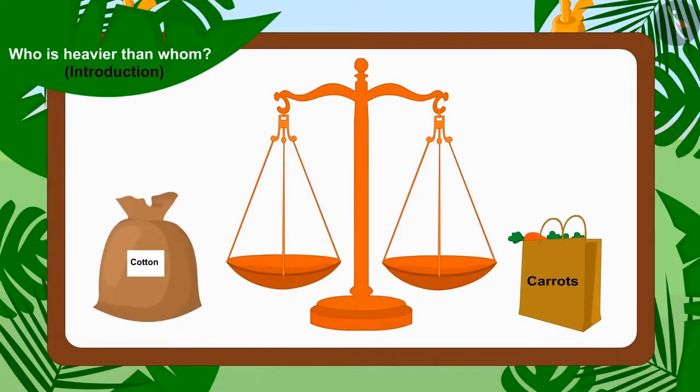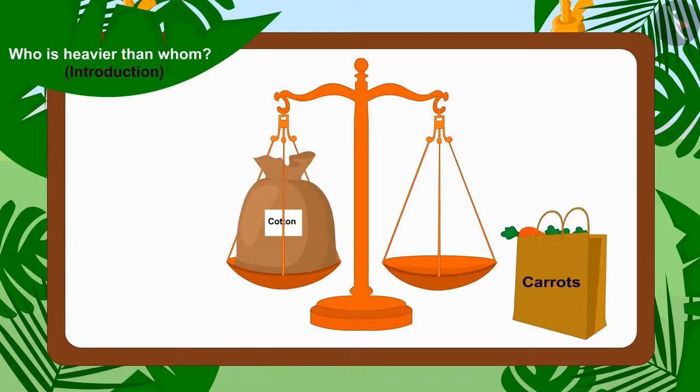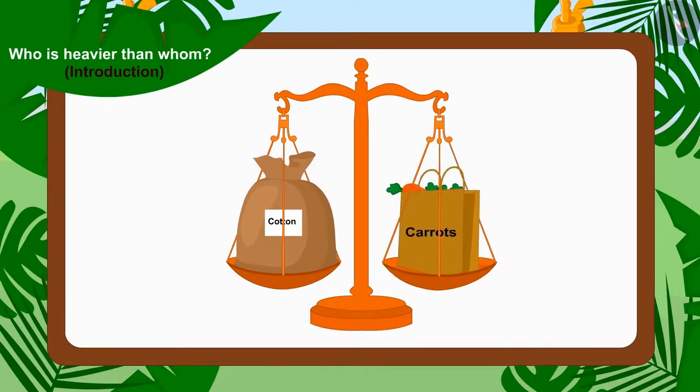Uncle first placed Bhola's sack on a plate of the scales and placed Bunny's bag of carrots on the second plate. Children, can you tell whose item is lighter and whose item is heavier?